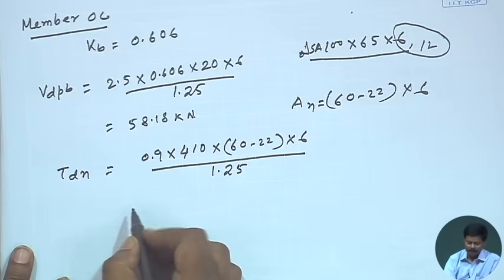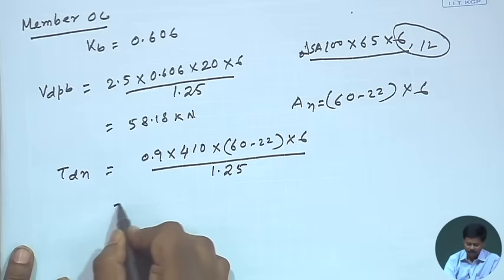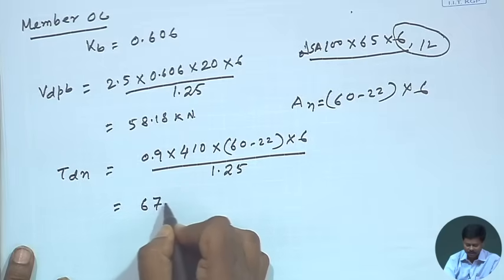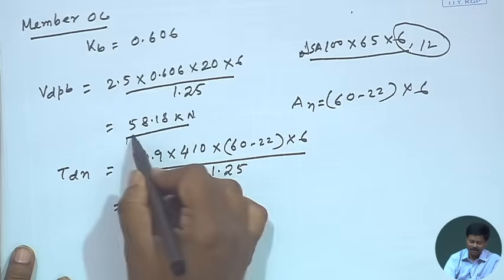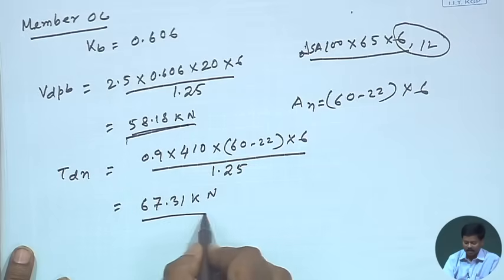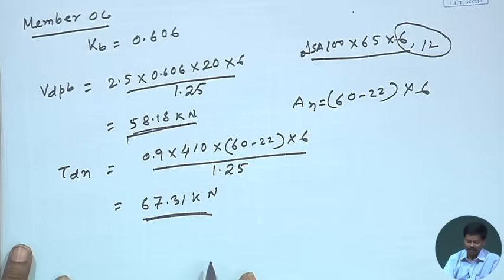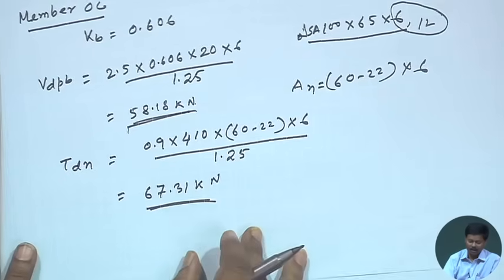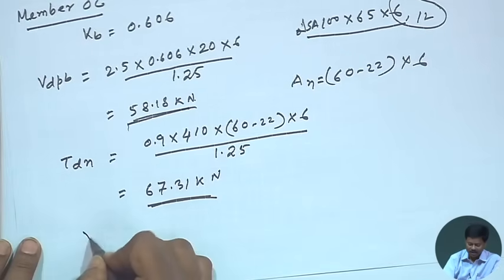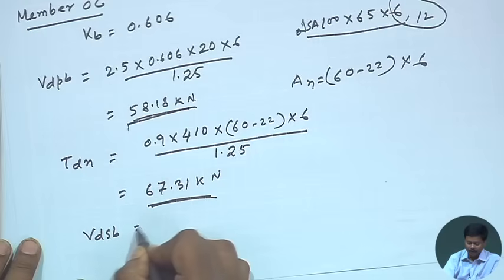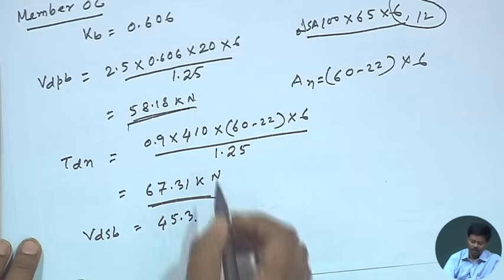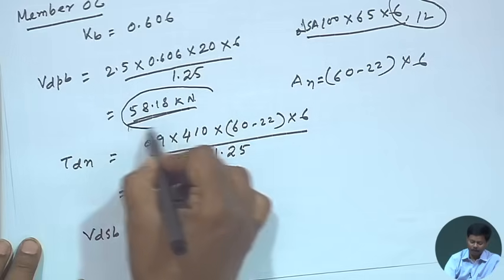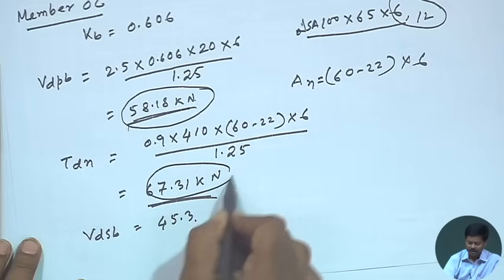So, if I find this value, it is 67.31 kilonewton. So, the bearing strength is this, the tensile strength is coming 67.31, and the shearing strength Vdsb we found earlier, that is 45.3. Okay. So, the bolt value will be the lesser of these three.